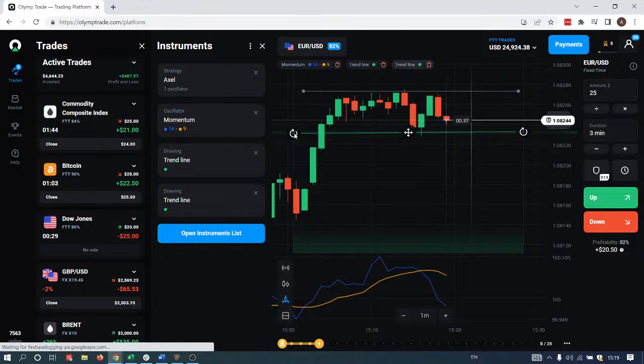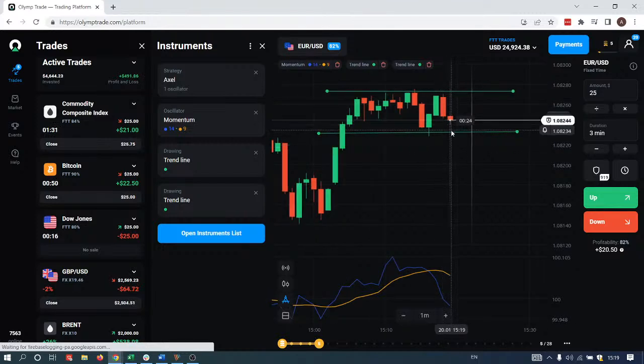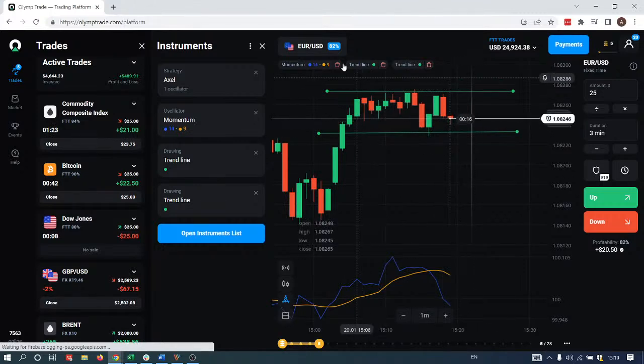Yeah, so currently the price is stuck in between two levels. Here we have a level of support and above is the level of resistance. And when the price breaks under this level of support, we can possibly open a trade, which will be a little bit off, but still that might be a very interesting signal.